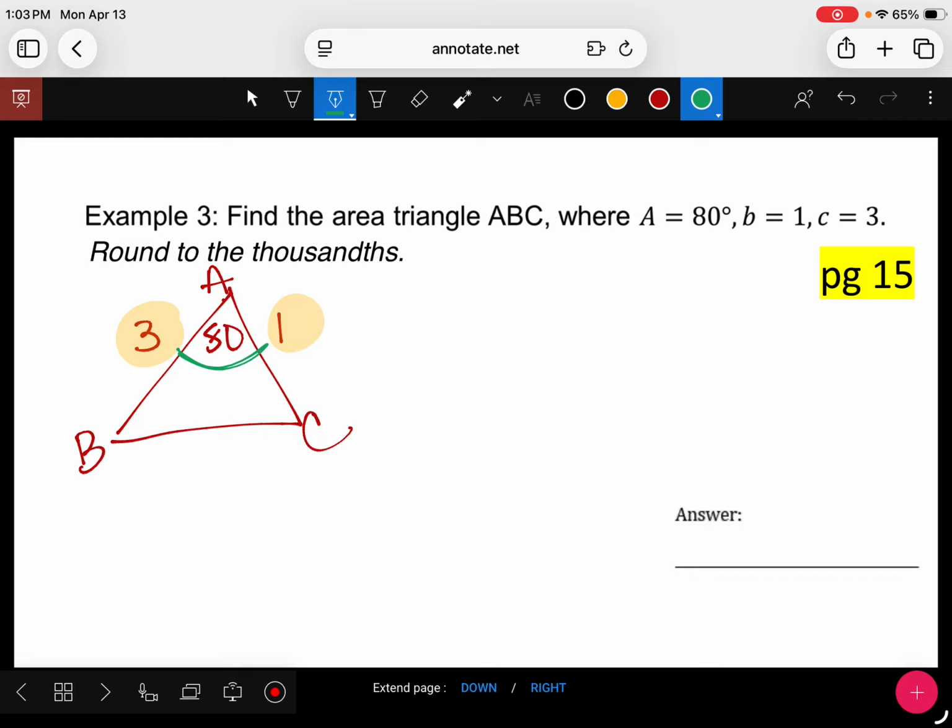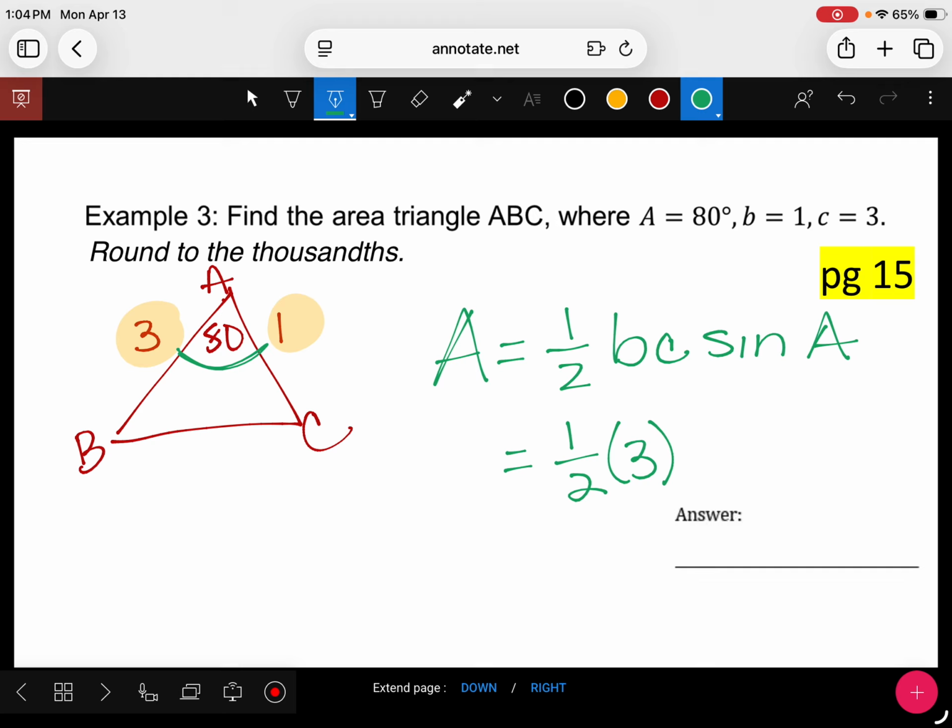That's the key. So to find the area, we're going to take 1/2 little b, little c, sine of angle A. 1/2, 3 times 1, sine of 80 degrees. Very simple. Go ahead and type it in.